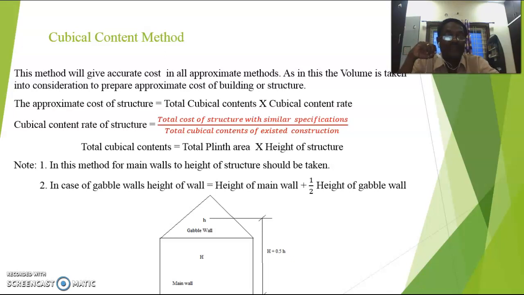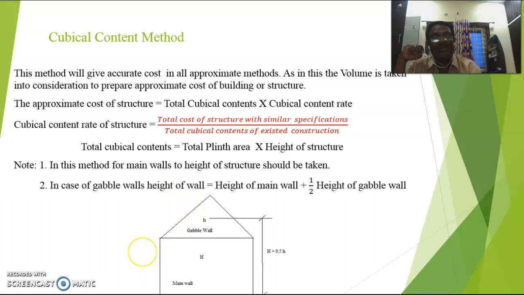But there is one important note. In this method, for main walls, the height of the structure should be taken. Suppose you take a residential building, generally all walls are uniform, so you can take them as main walls. But in case of gable walls, for example in an industrial building, this is the gable wall of your construction. Up to this is called the main wall, but this one is called a gable wall. A gable wall is where the width of the wall is not uniform from one end to the other end.